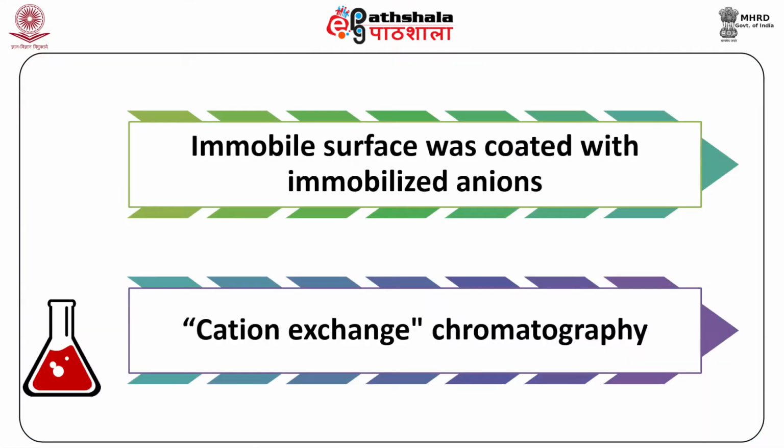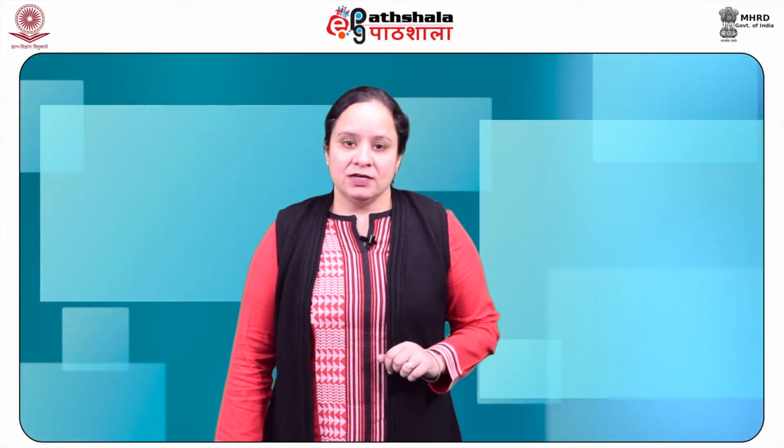anions. If the immobilized surface was coated with immobilized anions, then the chromatography would be termed cation exchange chromatography, and the cations would selectively bind and be removed from the solution flowing through.